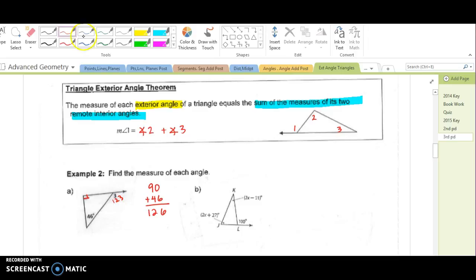Let's look at a little bit of algebra here on part B. Same idea though. This is a remote interior angle. This is a remote interior angle. So 2x minus 11 plus 2x plus 27 adds up to the exterior angle, 100. So 2x and 2x is 4x. Negative 11 and 27 gives us 16.